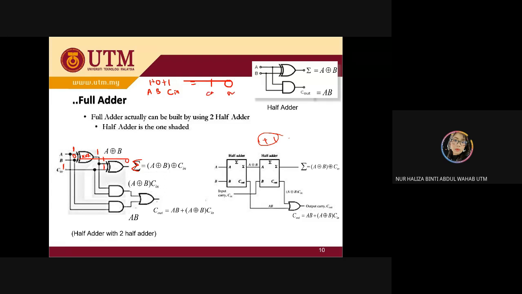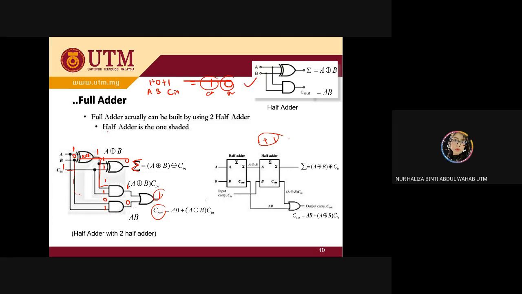So let's take a look at our carry. Is it correct or not? So here we have 1. Here we have 1. Here is 1. This one is 0. This one is 1. We have 0 here. 1 plus 0, we will have 1. So my answer for C out is also 1. So it's correct.